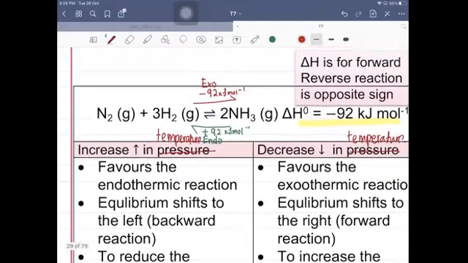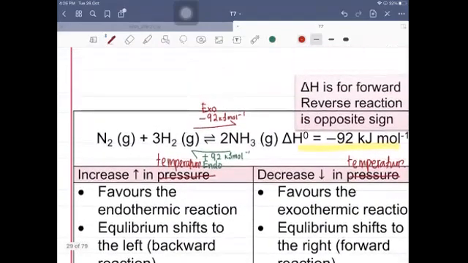Before we even look at the explanation, what happens when we increase the temperature? If we increase the temperature, Le Chatelier's principle would say we have to reduce the temperature. And how do we reduce the temperature? We take in the extra heat, take in the energy. So which reaction is the one that takes in energy?